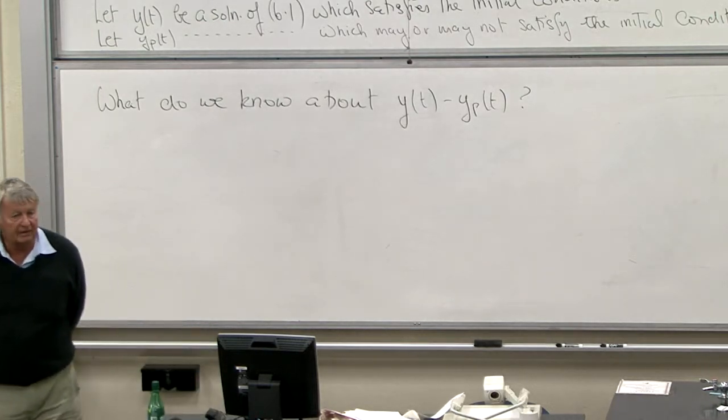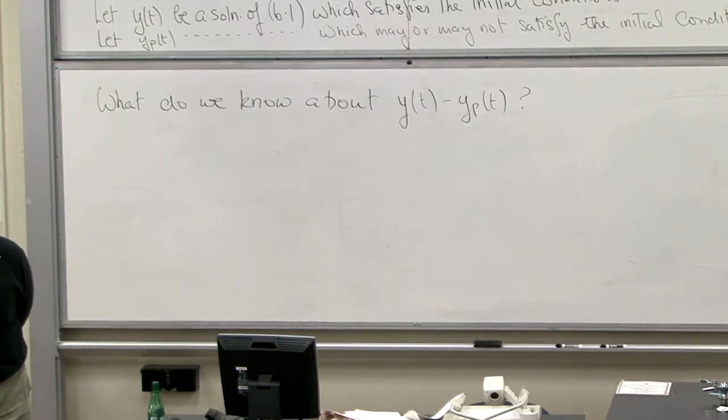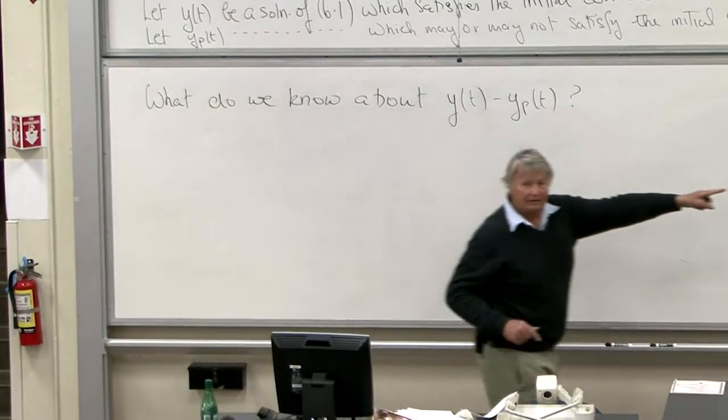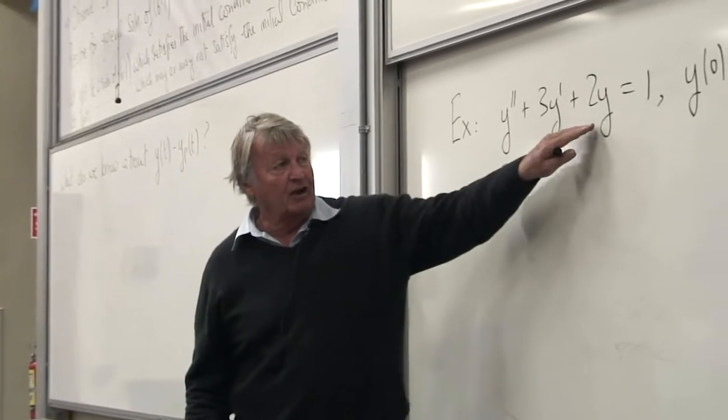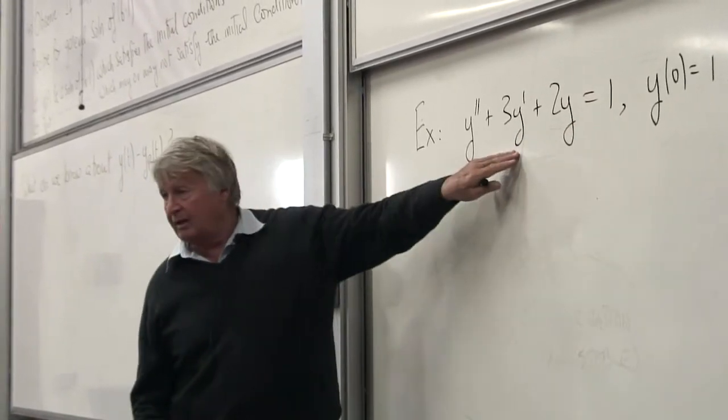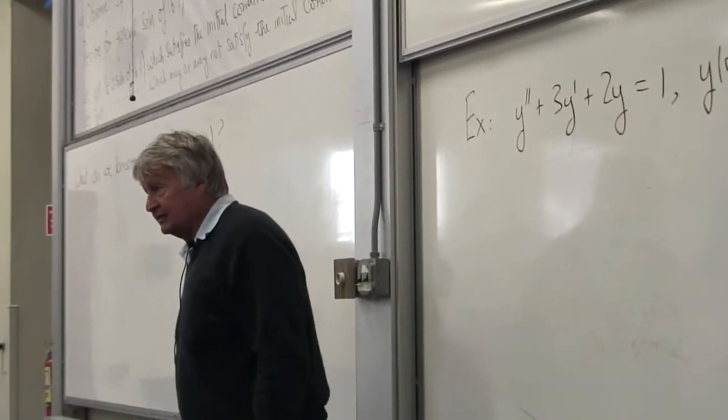Did you say yp of t is equal to 1/2? Just in this case, yeah. See, because y equals 1/2, that cancels that. y prime is 0, y double prime is 0.